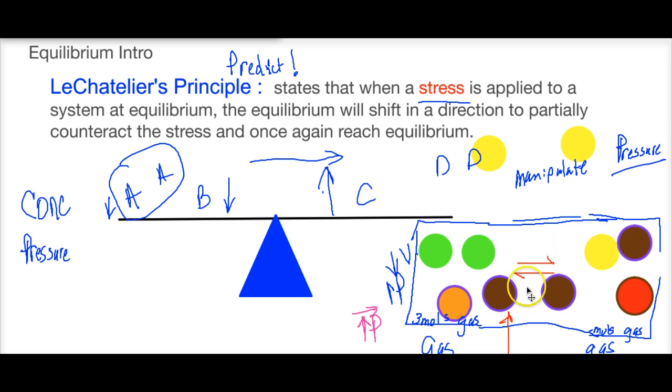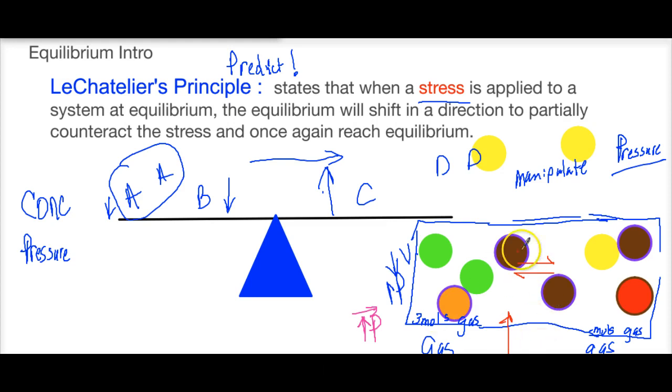If you insert an inert gas, these gases ignore each other. Remember, they're going to ignore each other unless they're going to react. And so putting an inert gas into a gaseous system at equilibrium has zero effect on the equilibrium itself.